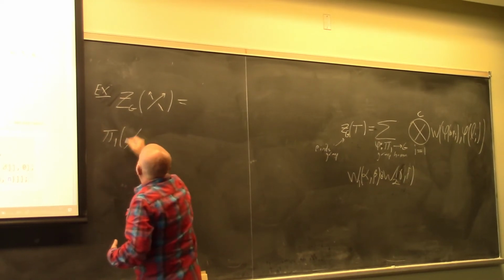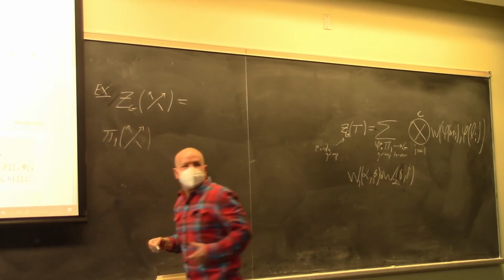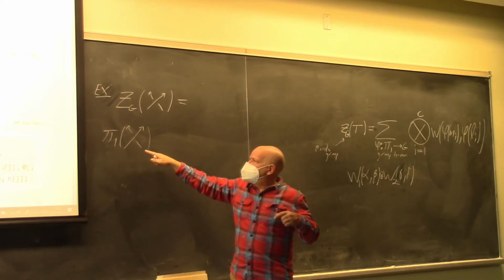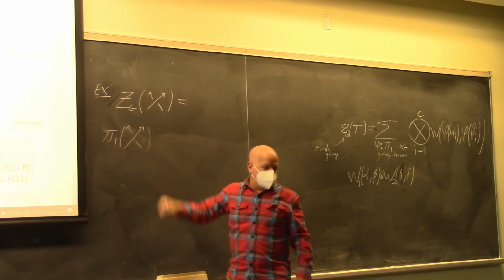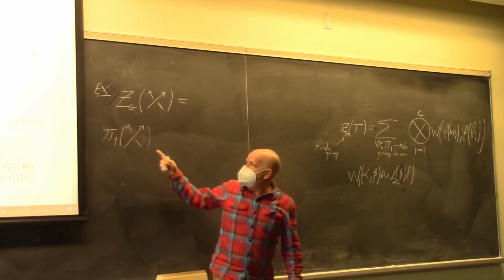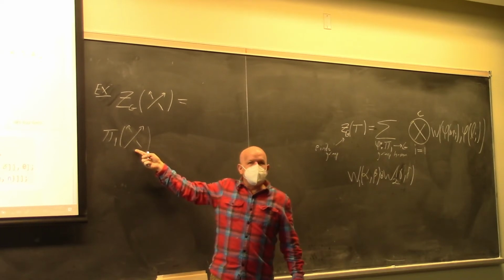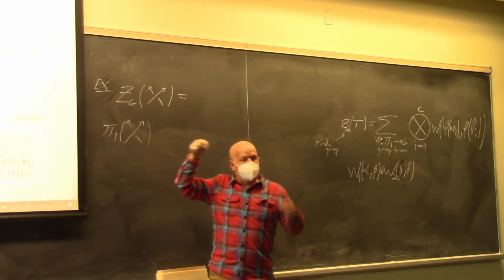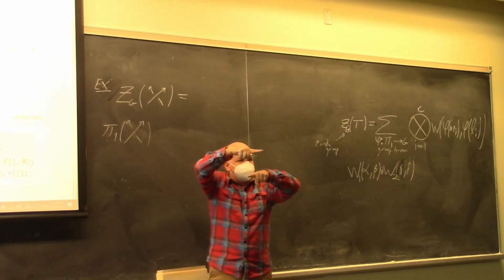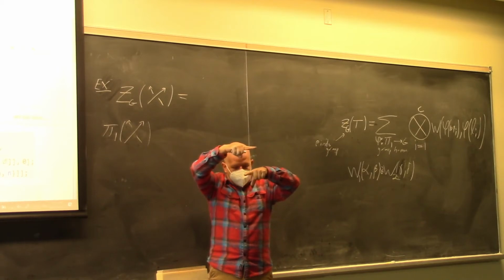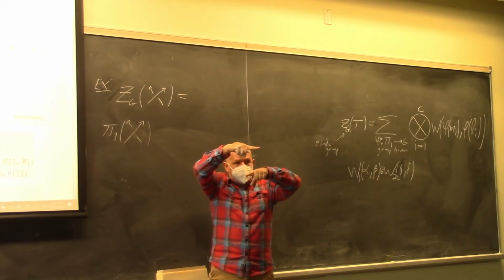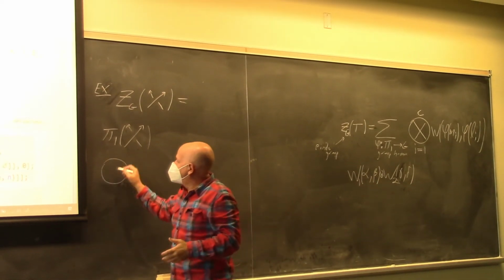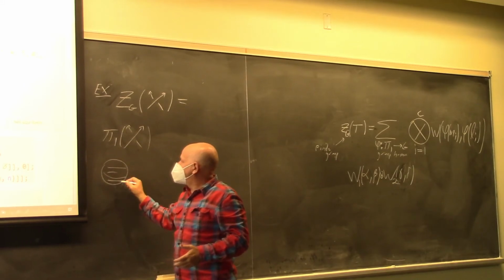So what is pi 1 of the complement of this, okay? So the complement of this is a ball from which you've removed two lines, right? They're tilted 90 degrees relative to each other, but you may as well just write it as a ball from which you've removed two lines.